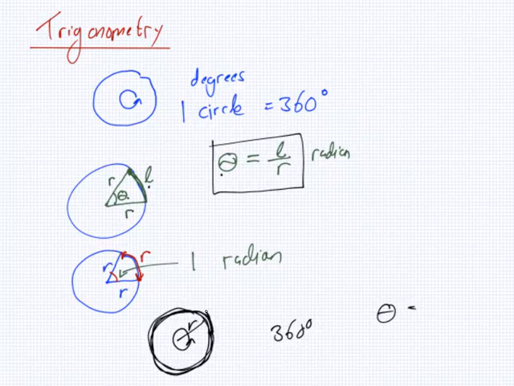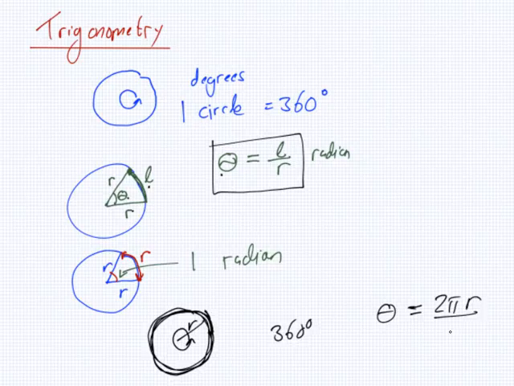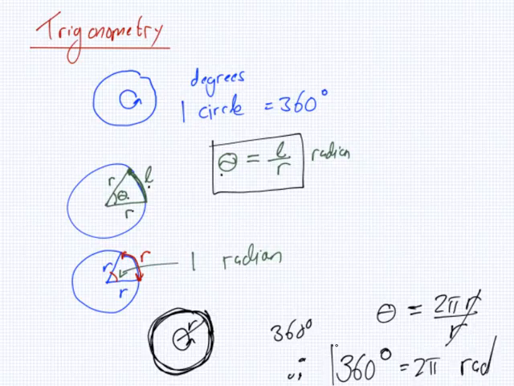Who knows this from middle school? 2 pi r. 2 pi r over r, which is equal to 2 pi. So therefore you get the result that 360 degrees is equal to 2 pi radian. And this is how you can convert between degrees and radians.